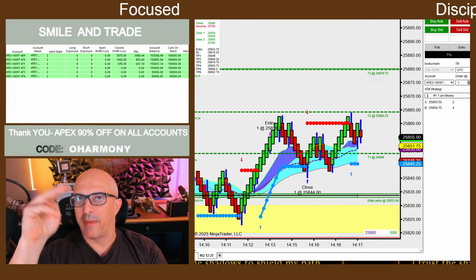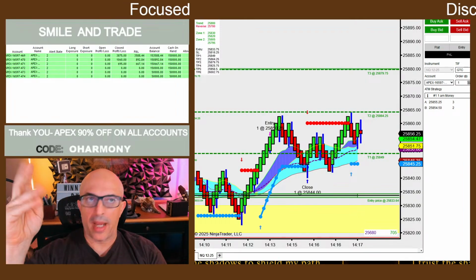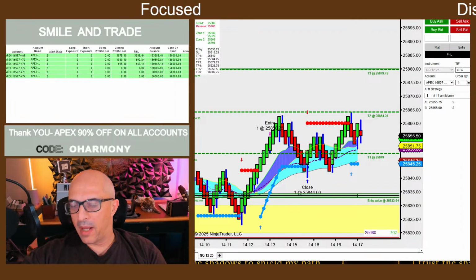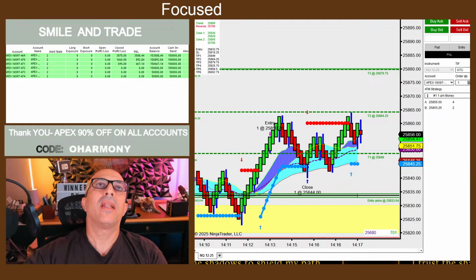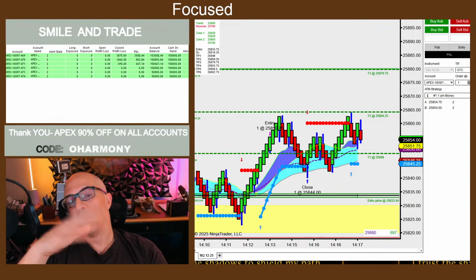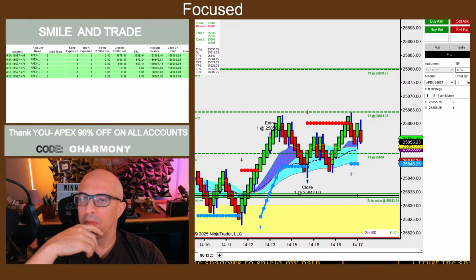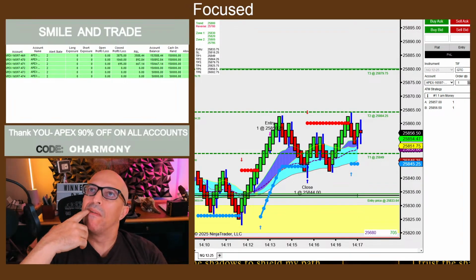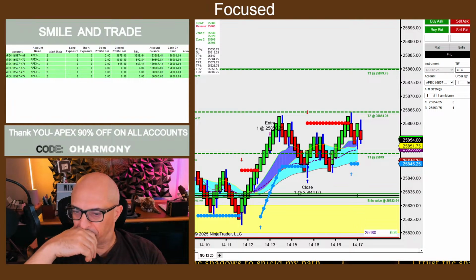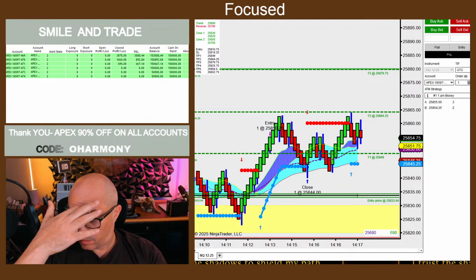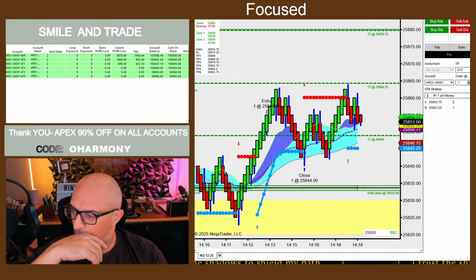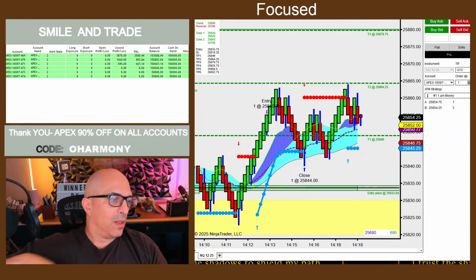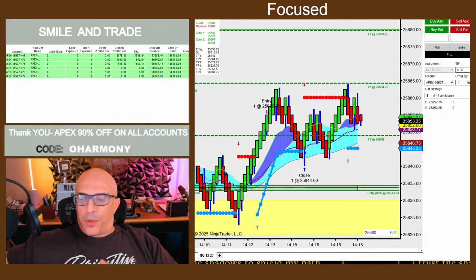Speed, range, and behavior. Speed, fast, obviously. Range is expanding. Behavior is long. Pullbacks are buyable. We have a target of 880 and the market is overextended. That doesn't mean it's not going to go higher. We have 42 minutes left.